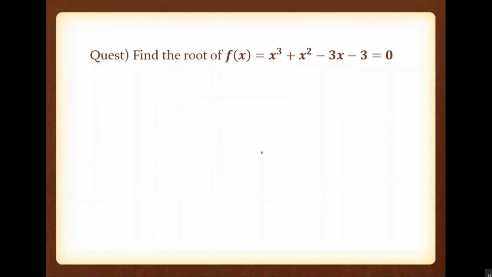The question is, find the root of f(x) equal to x cube plus x square minus 3x minus 3 equal to 0. In real life, either you have to use the method that is used to find the initial condition, or you have to use the graphical method.